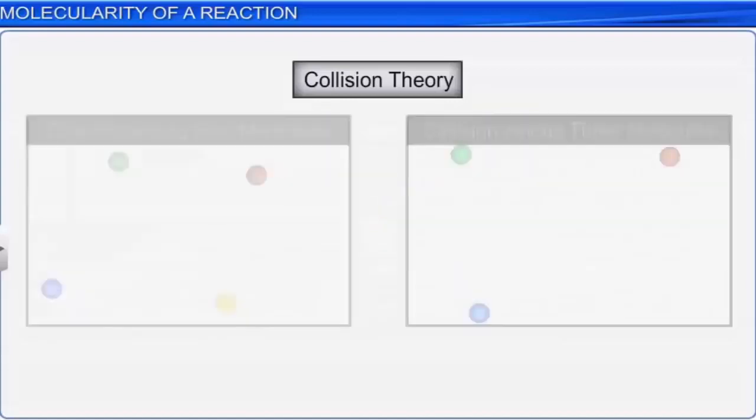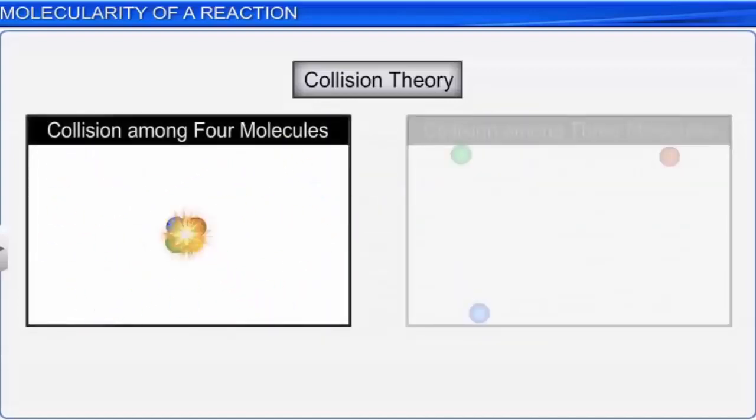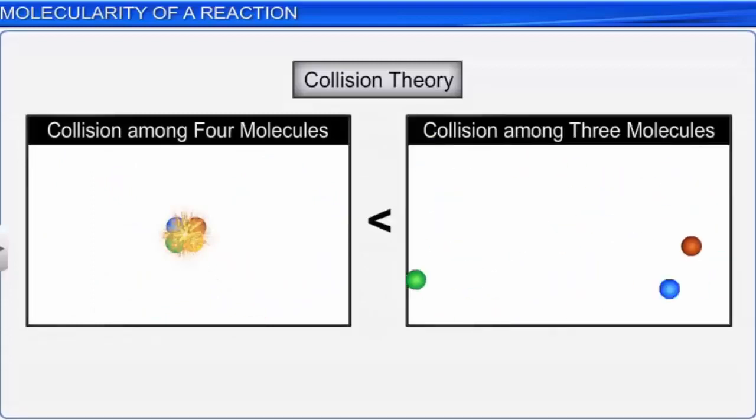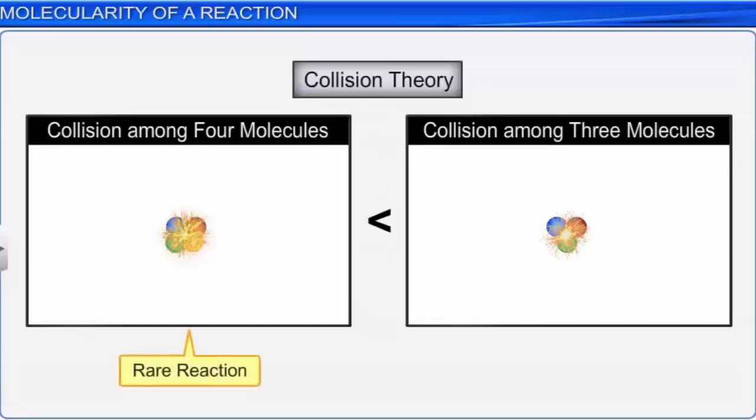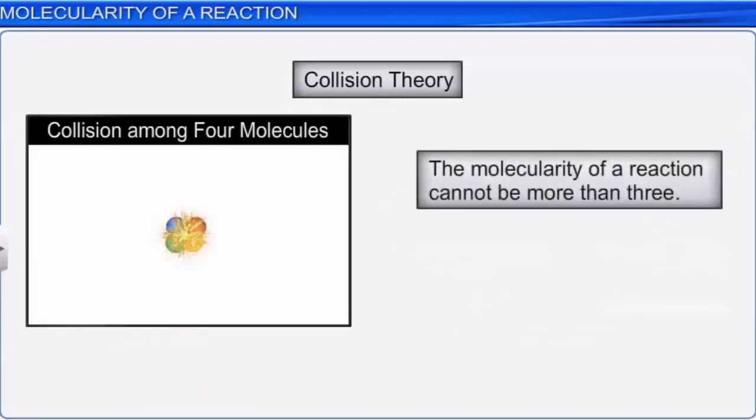Therefore, the possibility of simultaneous collisions between four molecules is much less than the possibility of simultaneous collisions between three molecules. Hence, reactions involving more than three molecules are very rare. Therefore, the molecularity of a reaction cannot be more than 3.